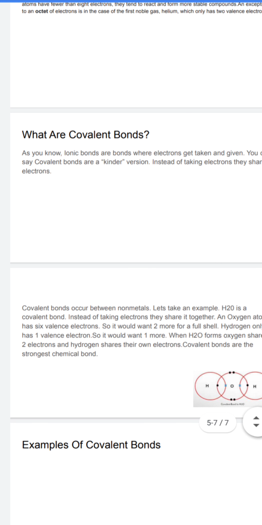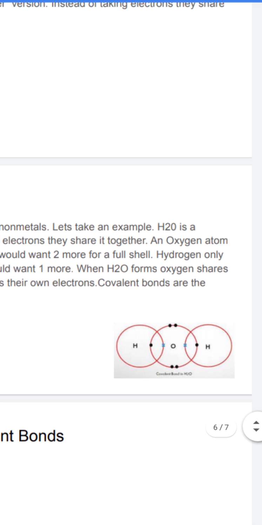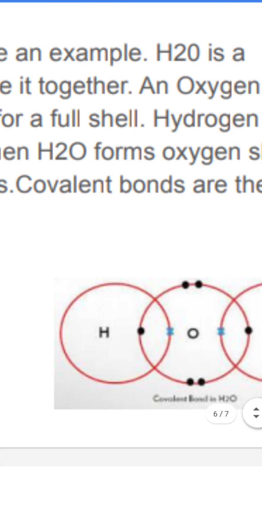As you can see here, there's a picture on the bottom right. Covalent bonds occur between nonmetals. Let's take an example. Let's take H2O. H2O is a covalent bond, which is water. Instead of taking electrons, they share them together. As you can see in this picture, they're sharing.